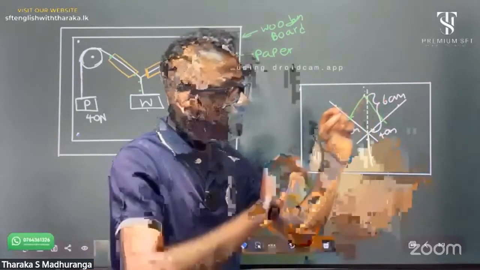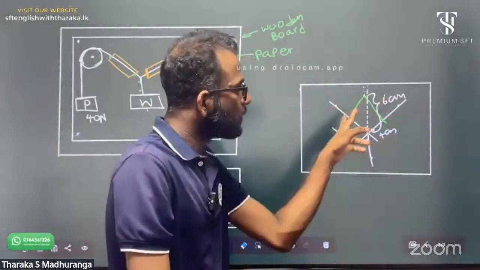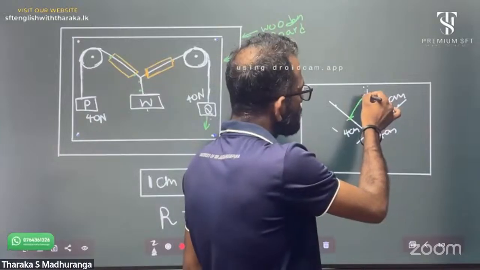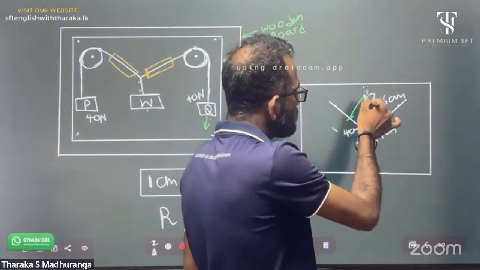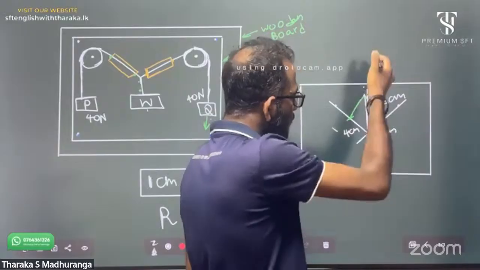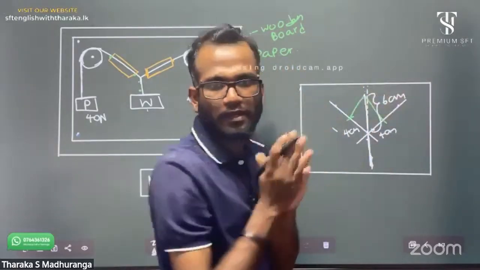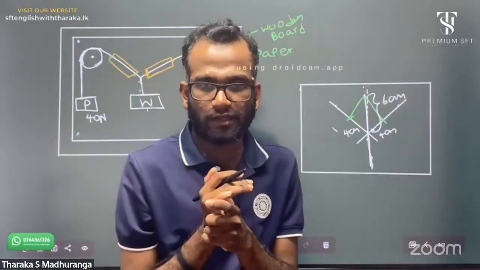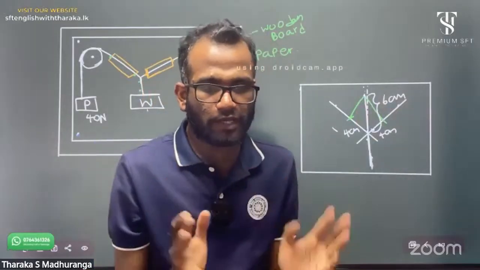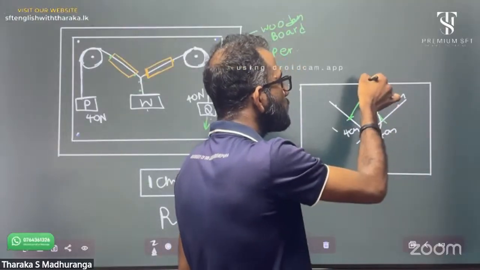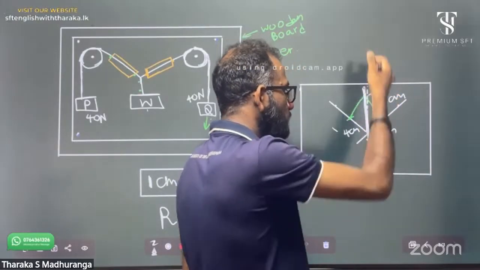I'll show you how to complete it. Okay, now you can draw this diagonal. If this diagonal and this line come as a single line on the same linear axis, this parallelogram theorem is perfectly correct.